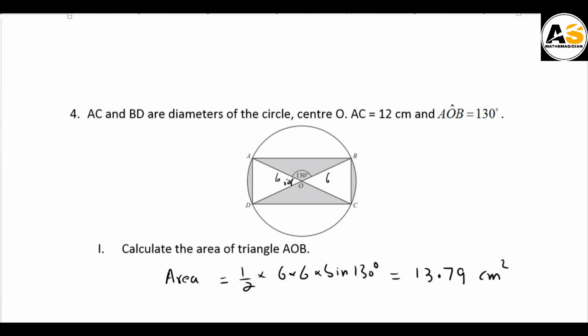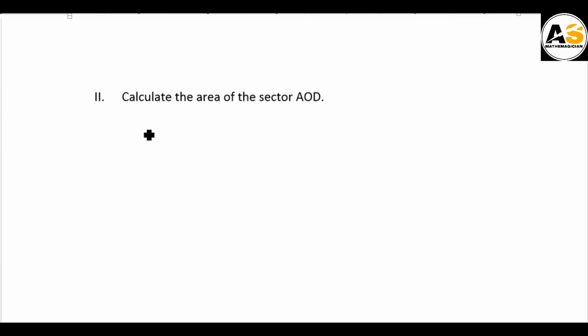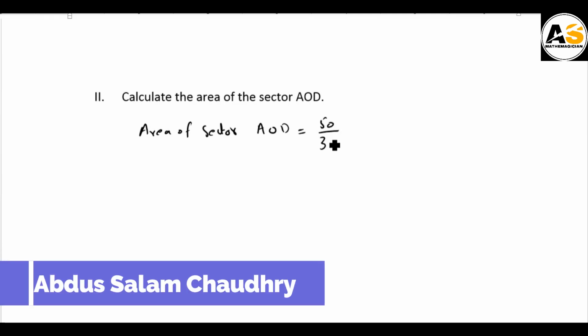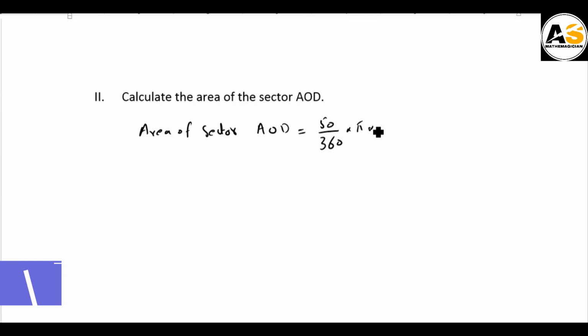It's very simple. We will use the formula area of sector AOD is equal to 50 over 360 into pi into r square. R is 6, square. So area of this sector will be 5 pi, which will be approximately equal to 15.7 centimeter square.